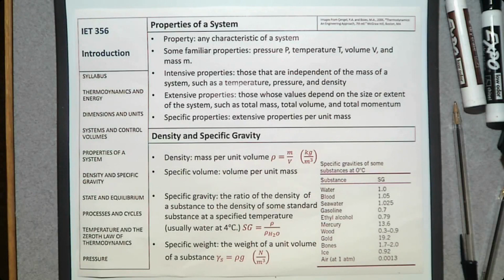The simple solution is you can divide extensive properties by mass to make them look like intensive properties, like energy. If you divide the total energy of a system by mass, it becomes the total energy per unit mass, so it's an intensive property. You can mix it with other intensive properties such as pressure or temperature.